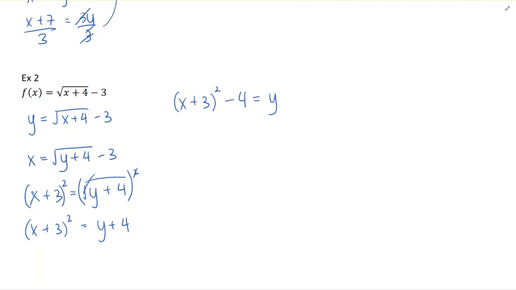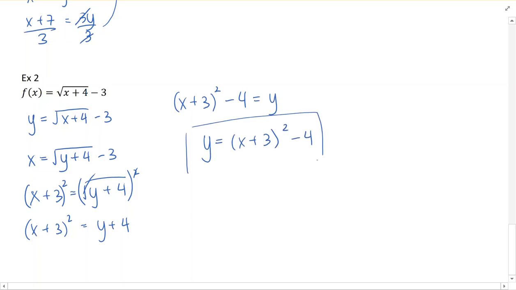Okay, and just to write it back in the way that we're used to, let's have that y on the left side. I'm basically just rewriting the same thing. Voila, there it is. And that's it for this section.